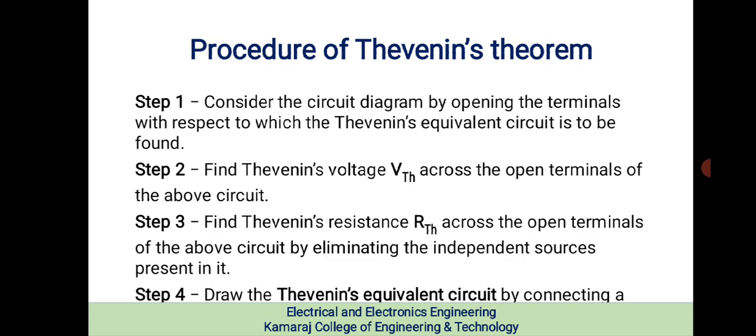Second step, Thevenin's voltage: we need to find the Thevenin's voltage VTH across the open terminal, where we opened the resistance terminal. Third, find the Thevenin's resistance RTH across the open terminal of the circuit by eliminating the independent sources present in it. So to find the RTH, we need to eliminate the sources. Finally, we have to draw the Thevenin's equivalent circuit and find the value of the load current I.